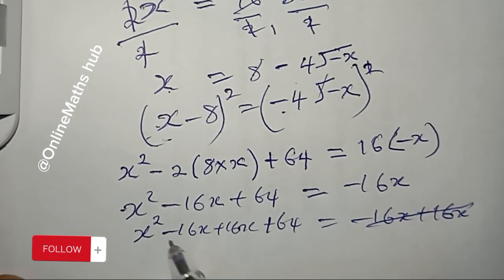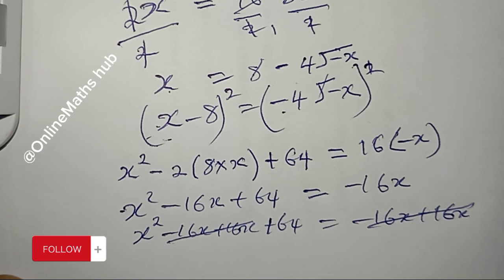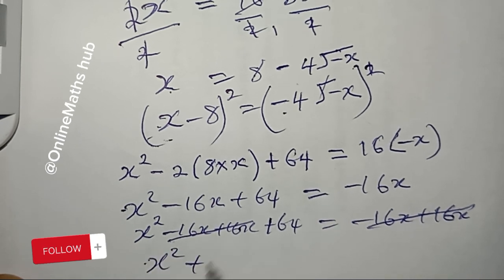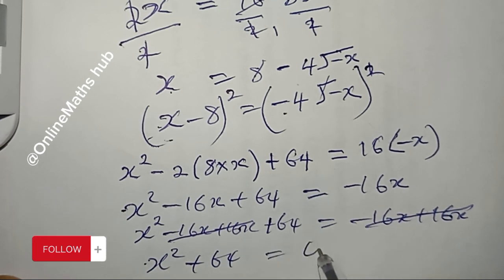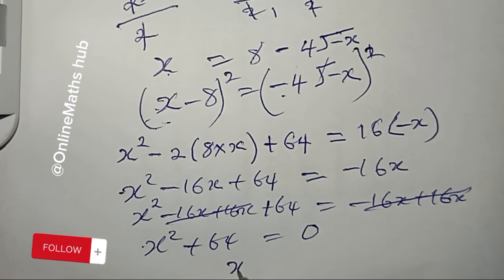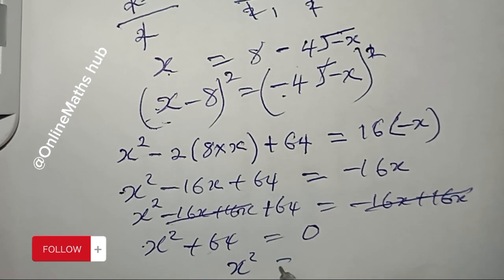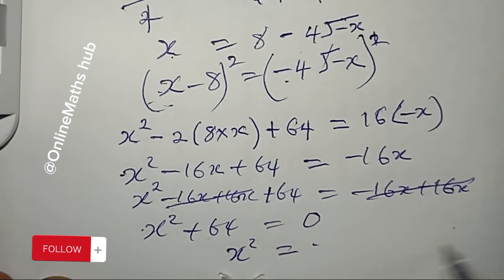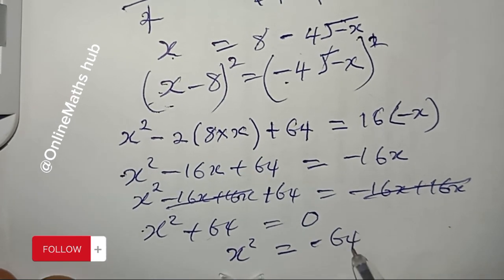This will cancel this, and this will also cancel this, and I'm left with x squared plus 64 is equal to 0. If I take the 64 to the right hand side, I'm going to have that x squared is equal to minus 64.